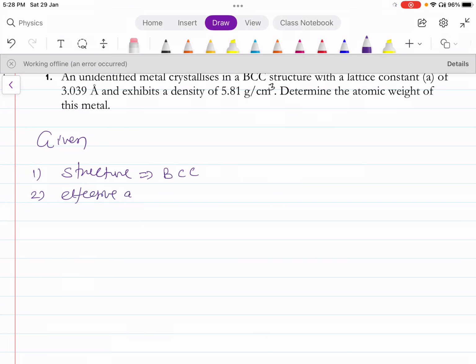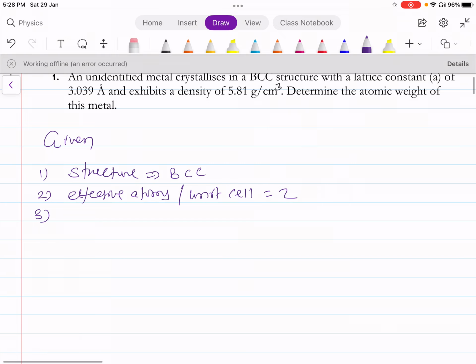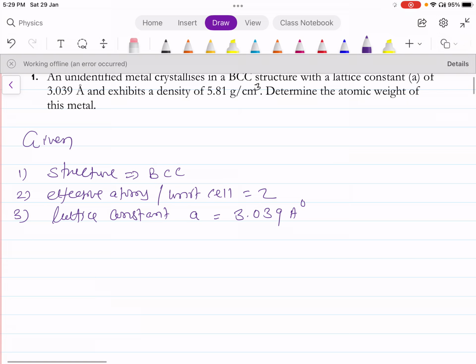Then the third quantity is the lattice constant, A, which is 3.039 angstrom. Let us convert that into meters: 3.039 into 10 to the power minus 10 meter.